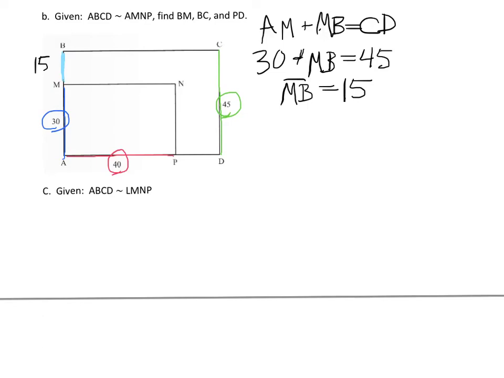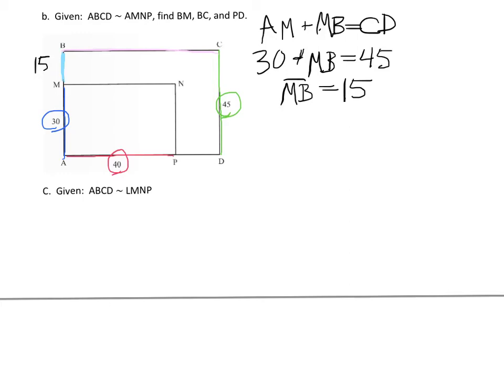Now it wants me to solve for BC. So that's this whole piece up here. And I can't really do anything with parts to whole because I don't know what that little PD piece is at the bottom, so I think I'm going to use some proportions here.